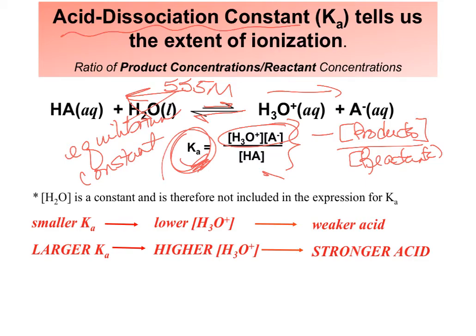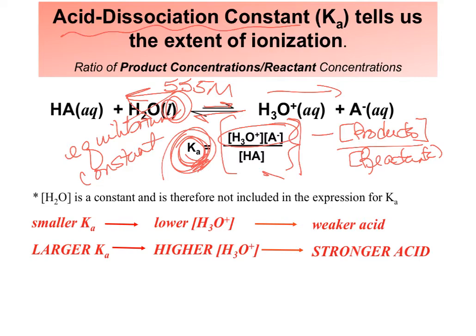It doesn't change, so it didn't just disappear from this expression; it's actually lumped in with the Ka, which is a constant. It's worth noting that all liquids and all solids have constant concentrations, so they are never included in equilibrium expressions.